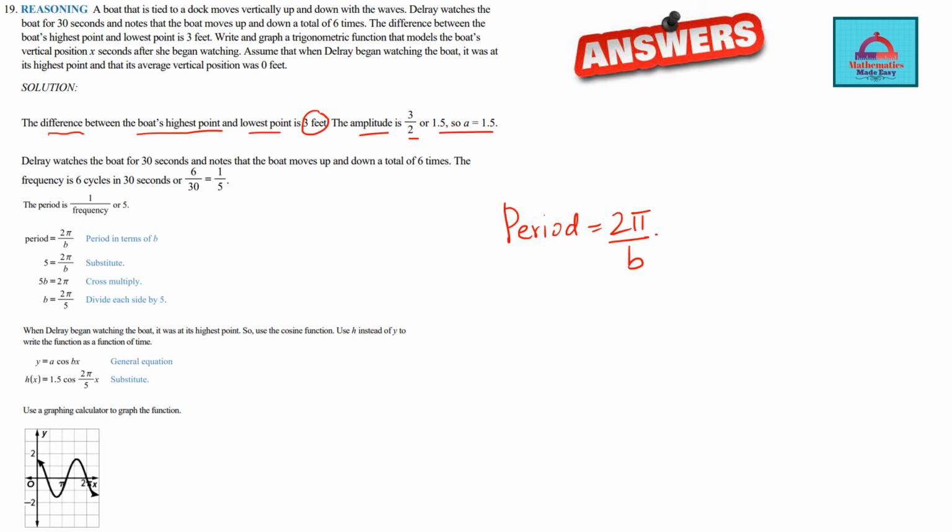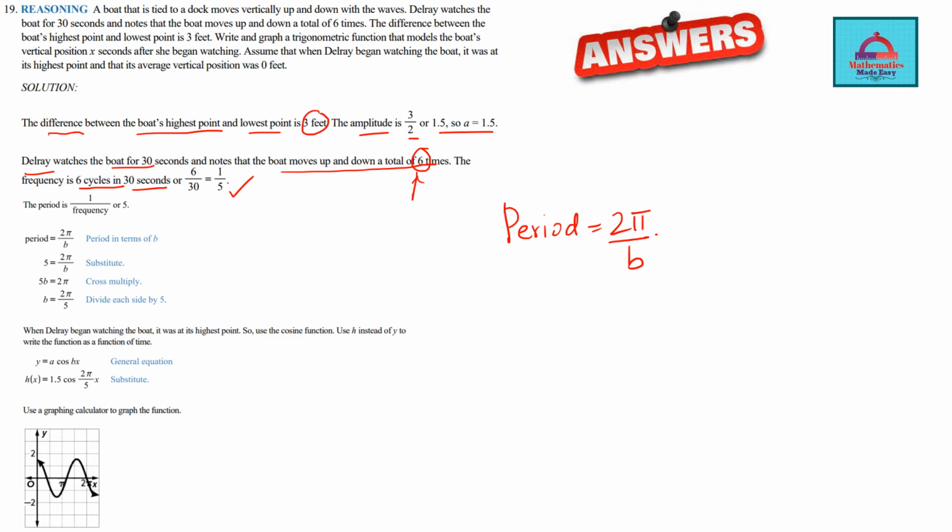Now what is given to you in the problem about period? It's given that Del Rey watches the boat for 30 seconds and notes that the boat moves up and down a total of 6 times. So that means in 30 seconds it is covering 6 cycles, right? So the frequency is 6 cycles in 30 seconds. From the frequency you get the fraction 6 out of 30, so that's 1 by 5.